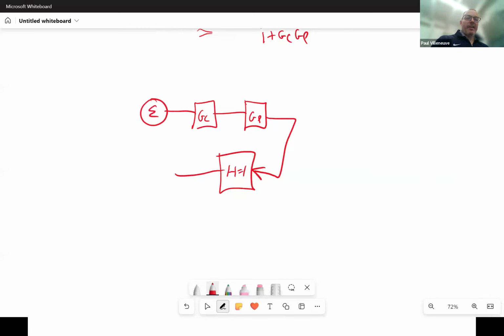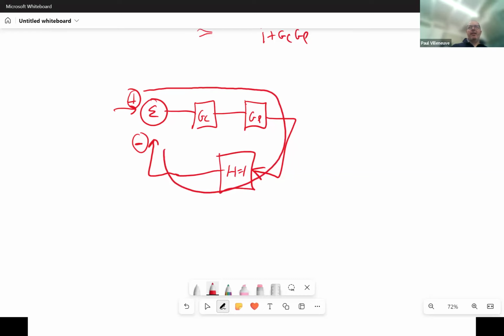And the whole thing about an open loop transfer function is I open that closed loop. My open loop transfer function is the transfer function between this point and this point. And you can see how that signal comes back through here.